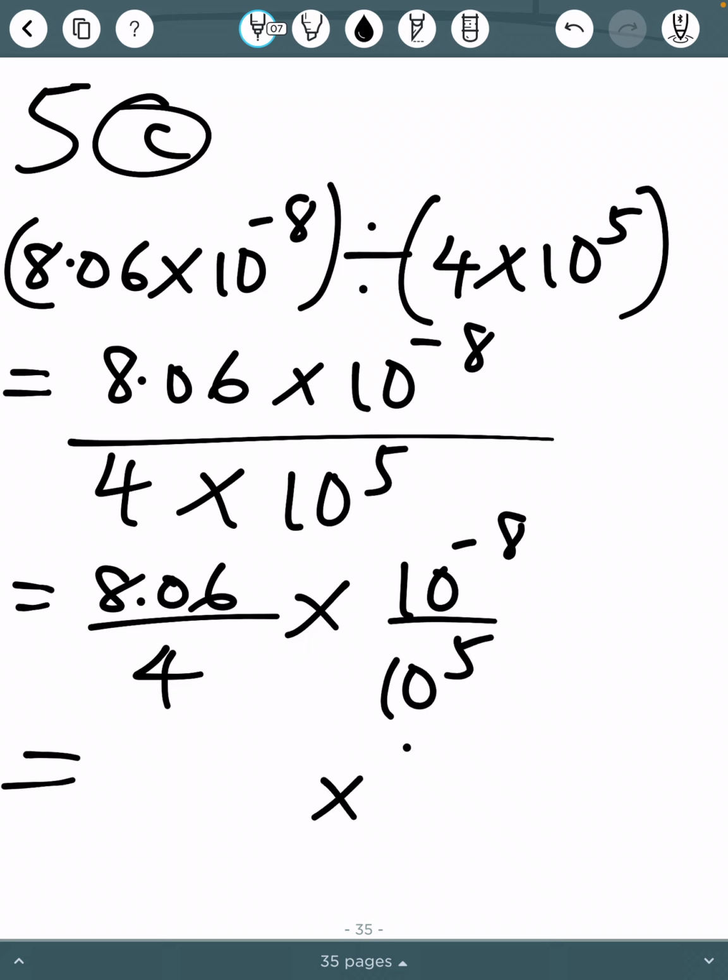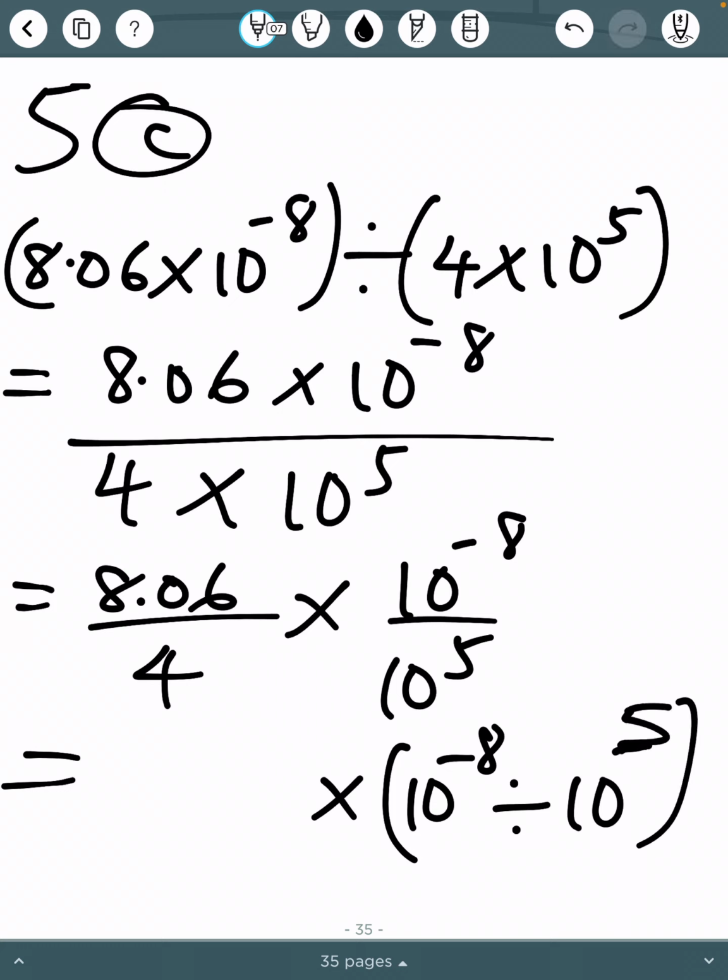8.06 over 4. Minus 8, excuse me. Let me take one step at a time. 10 raised to power minus 8 divided by 10 raised to power 5, and 8.06 divided by 4 is 2.015, times this.